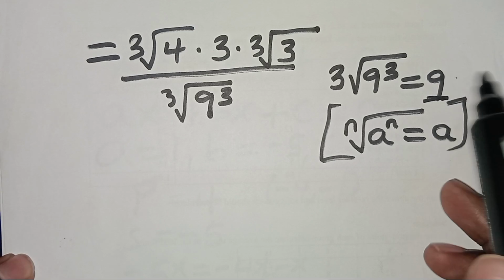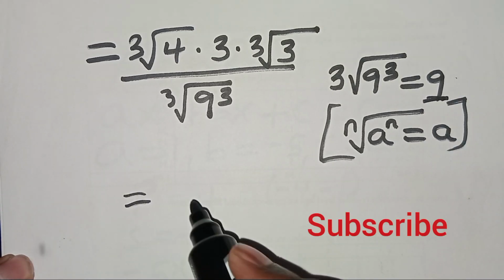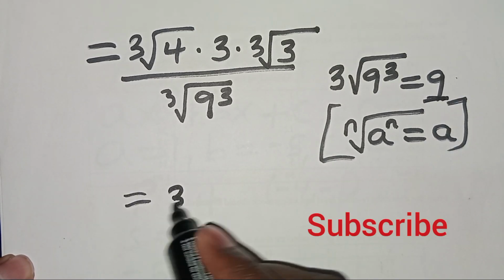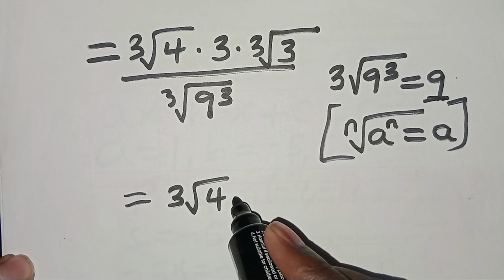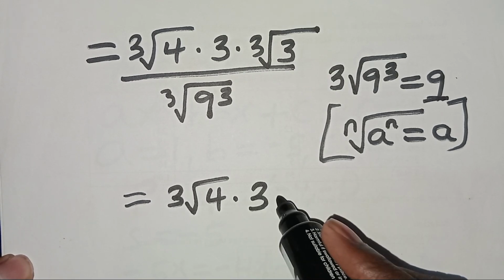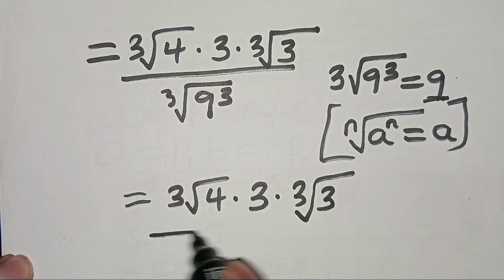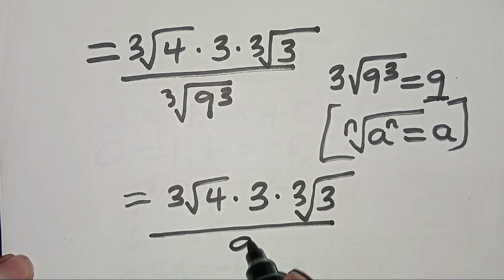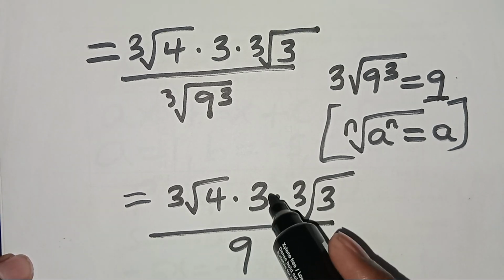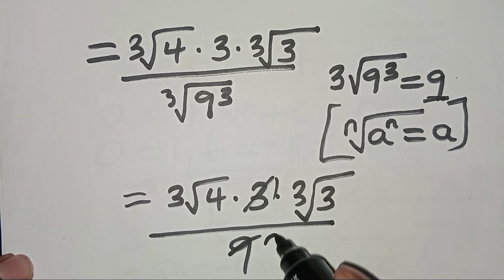Let's substitute this 9. Now, in the numerator we have 3 multiplied by the cube root of 3, divided by 9. So let's simplify by 3: 1 by 3, 3.